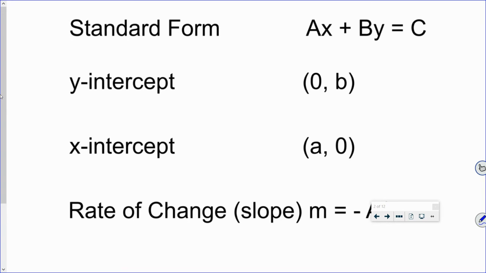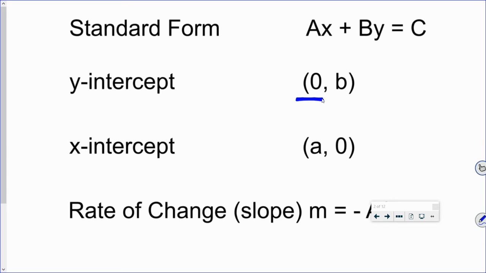Now notice the y-intercept, we've already talked about this: if we have a y-intercept, we know that the x-coordinate is always 0. We haven't mentioned it yet, but likewise, the y-coordinate of an x-intercept is also 0. It's really logical if you look at it on the graph.